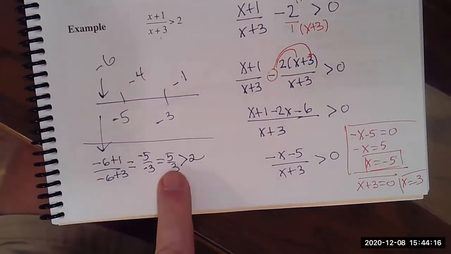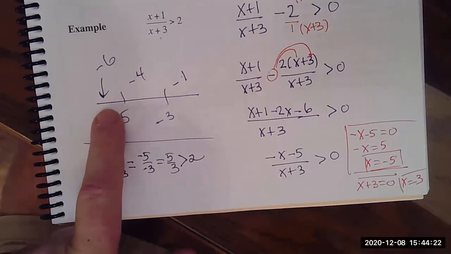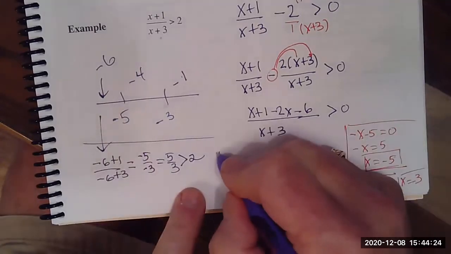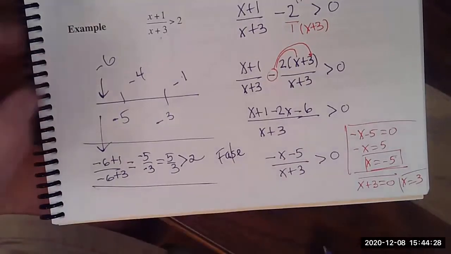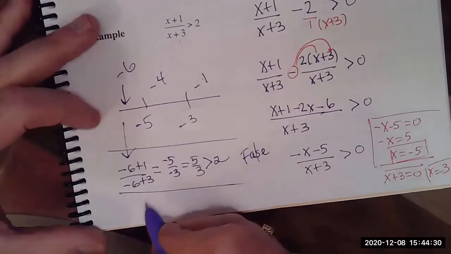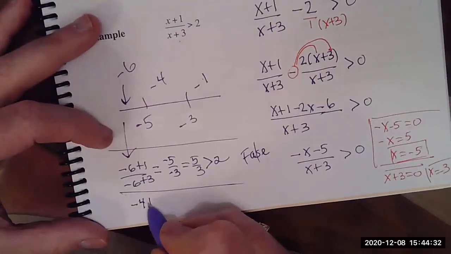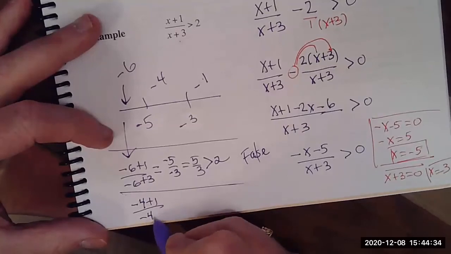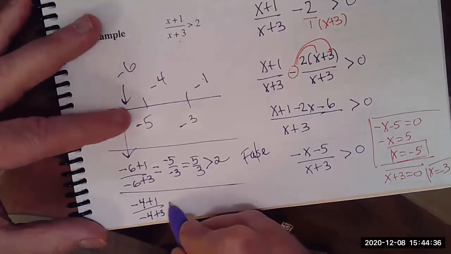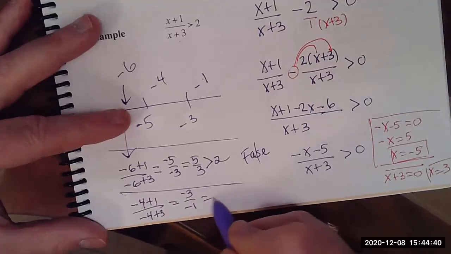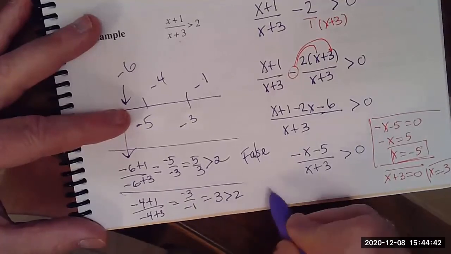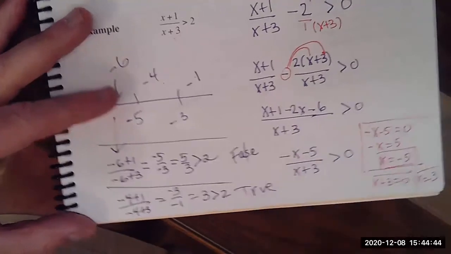That's 1 2/3. It's not bigger. So I'm not going to shade that region. So this is false. Okay, the next one I'll try -4. So -4 plus 1 over -4 plus 3, which is -3 over -1, which is 3, and that's bigger than 2. This is true.